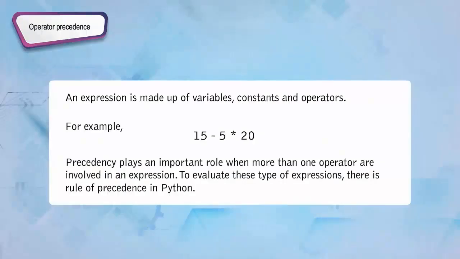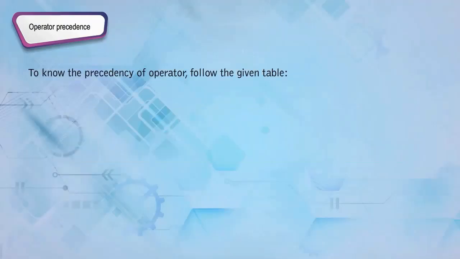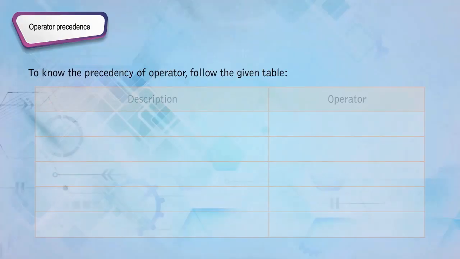To evaluate these types of expressions, there is a rule of precedence in Python. It dictates the order of evaluation of operators in an expression. The levels of operator precedence go from high to low. A higher precedence operator is evaluated first. To know the precedence of operators, follow the given table.